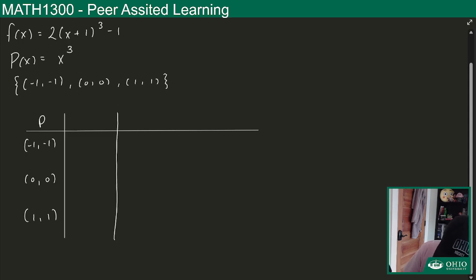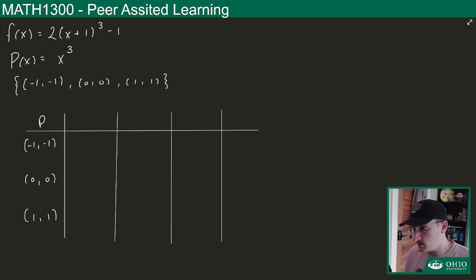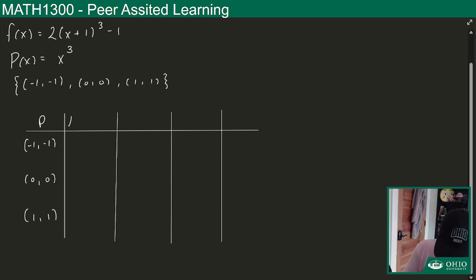Then I want to add more columns, because if you look at theorem 2.1, we have 3 calculations to make. We have to identify what h is and add that to the x values. You have to identify what a is and multiply that by the y values. You have to identify what k is. So let's do this in each column.